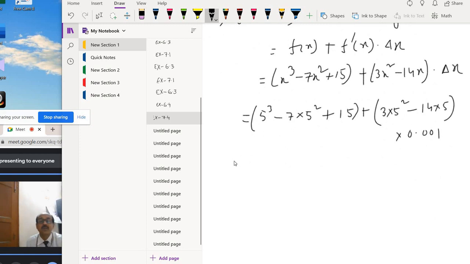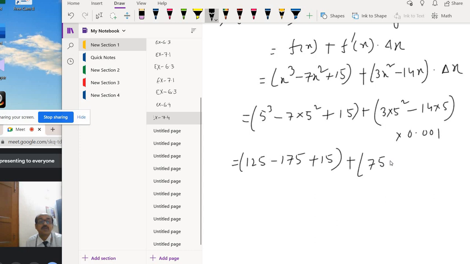Okay, now calculate this. 5 cube is 125. 125 minus 175, since 7 into 25 is 175, plus 15, plus 75 minus 70, since 25 into 3 is 75, into 0.001.